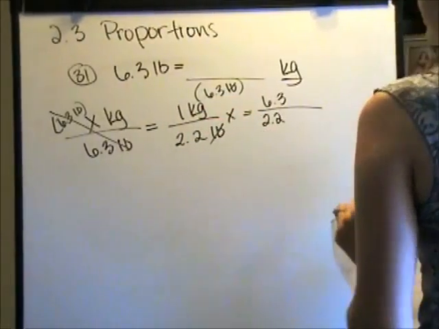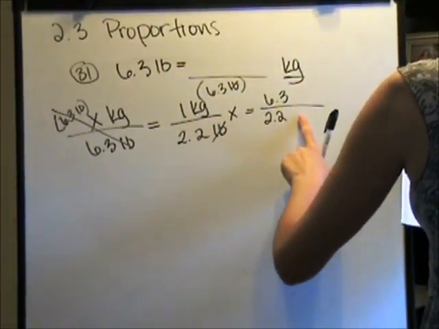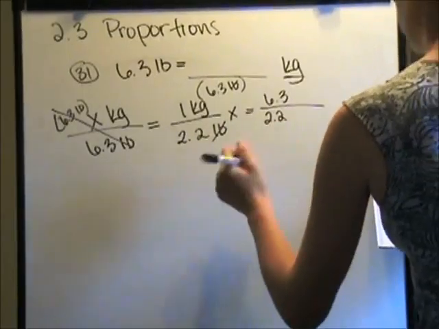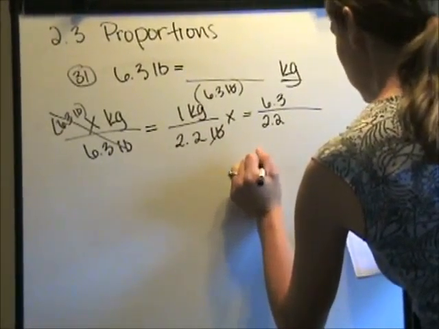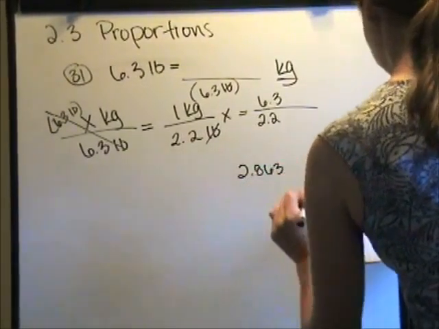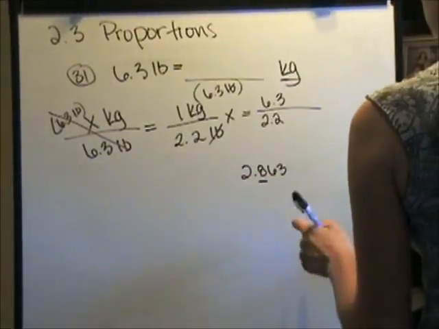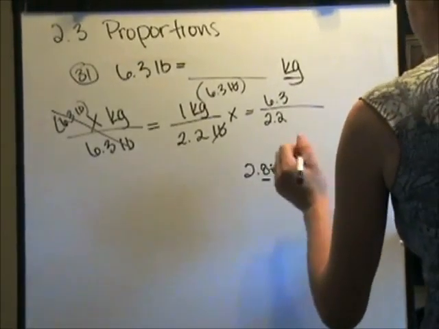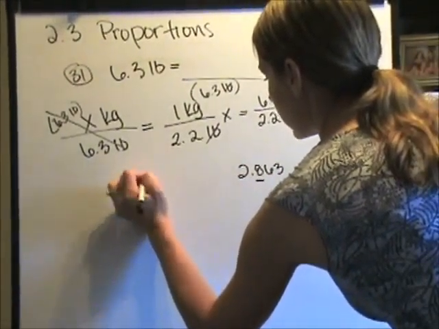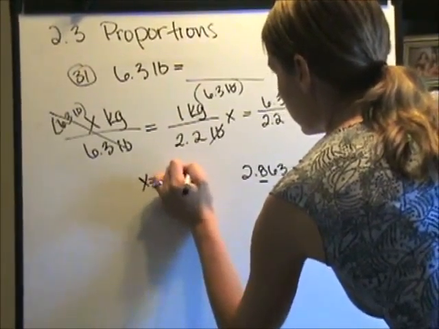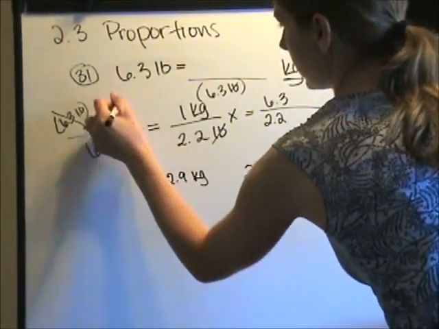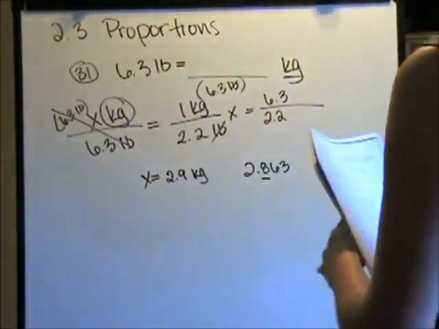So we've isolated x. 6.3 divided by 2.2 is going to give us 2.863, and we want to round our answer to the tenth place, which is going to be where the 8 is located, and that is a 6, so we know we're going to round up. So x equals 2.9 kilograms, because that's what we were solving for.